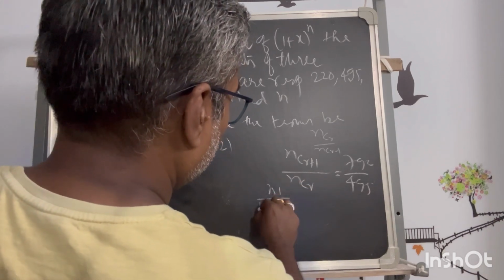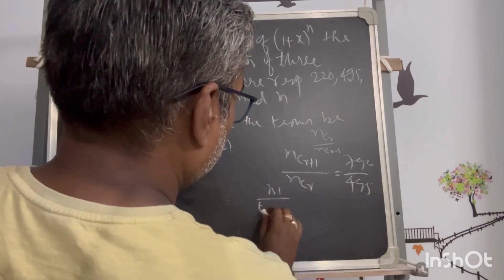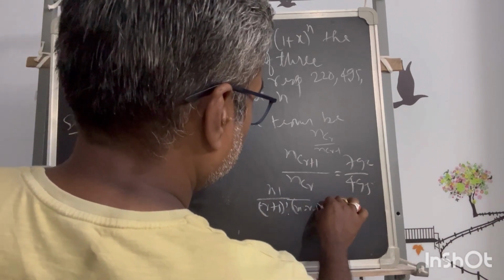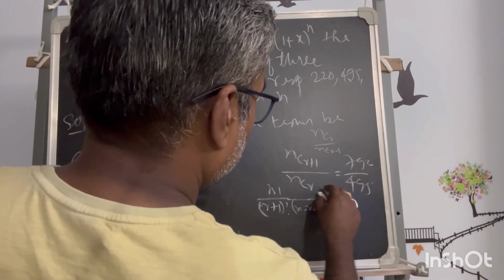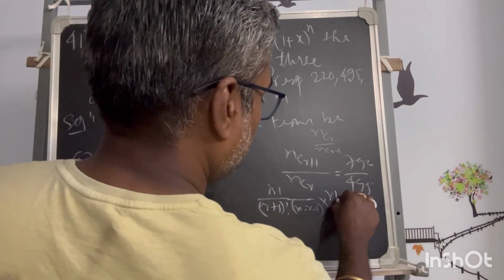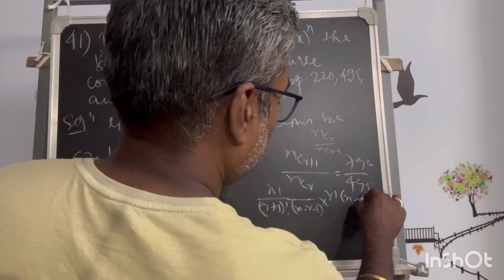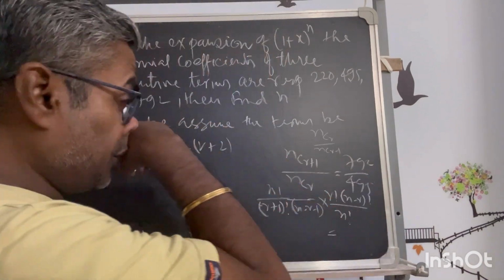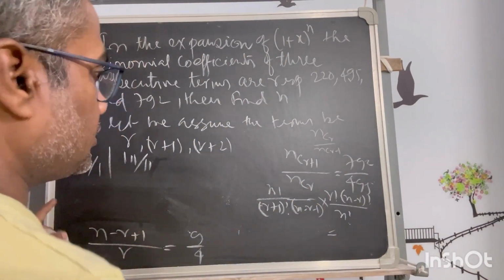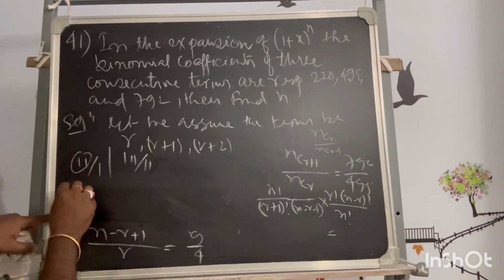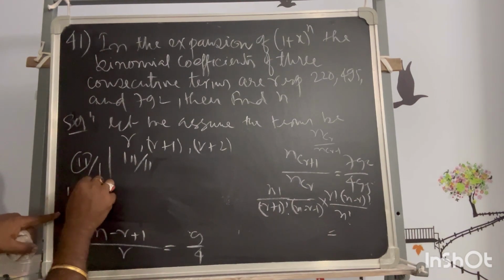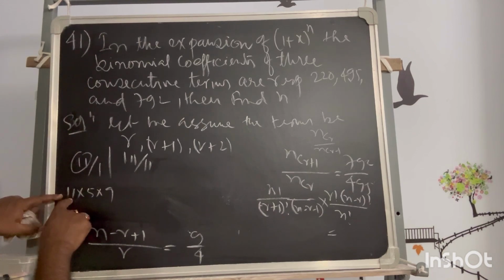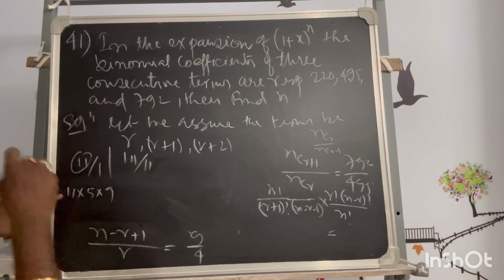Factorial (r plus 1) and factorial (n minus r minus 1), and if we turn this upside down, factorial r will be at the top, factorial (n minus r) will be at the top, and factorial n, and this will be cancelled out. For 495 I am getting 11, 5 and 9, isn't it? 11 first we divided with 11, then after 5 you get 9.